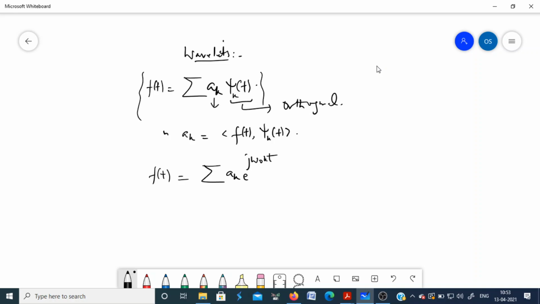Since e raised to the power j omega naught k t for different integer values of k forms an orthogonal set, this a_k, the Fourier series coefficient in this case, can be obtained using the inner product of the function with this basis function. So that was integration over one time period of f of t e raised to the power minus j omega naught k t dt.